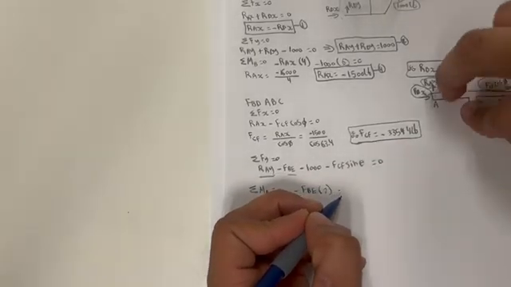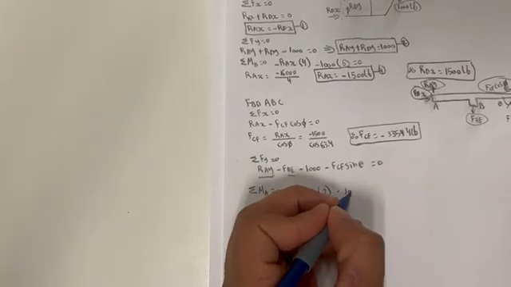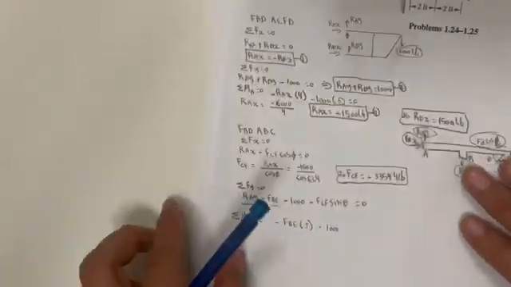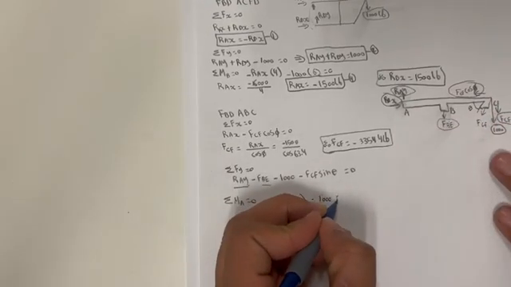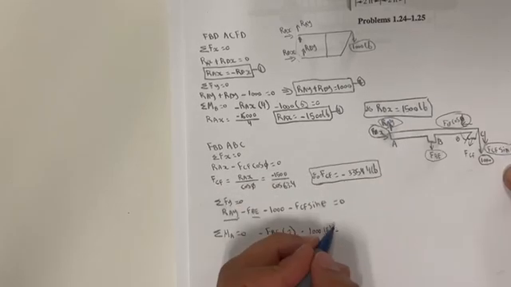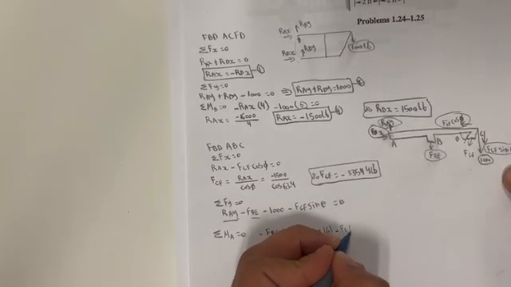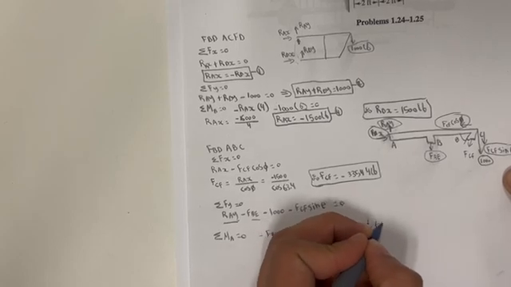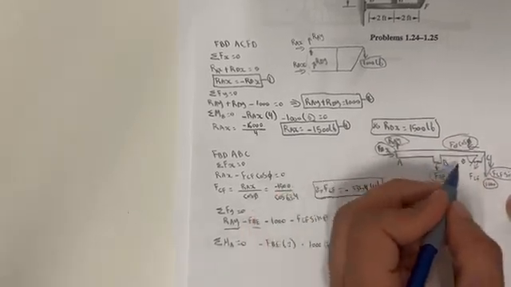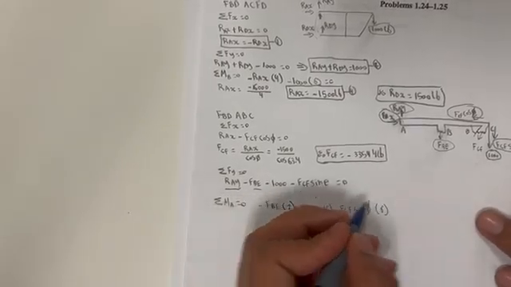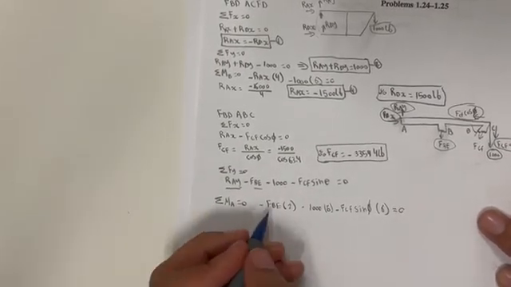Minus, because 1000 is also going like that, 1000 multiplied by the whole distance, which is 6, minus FCF sine phi multiplied also by 6, the whole distance. Okay, now we only have FBE as the unknown.